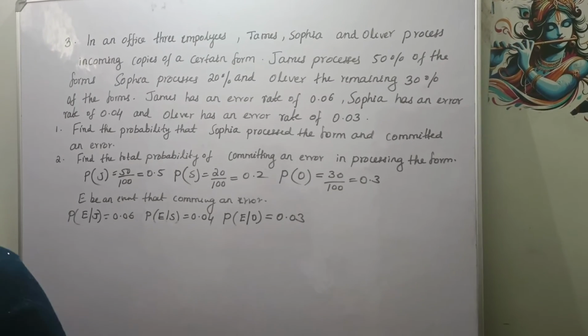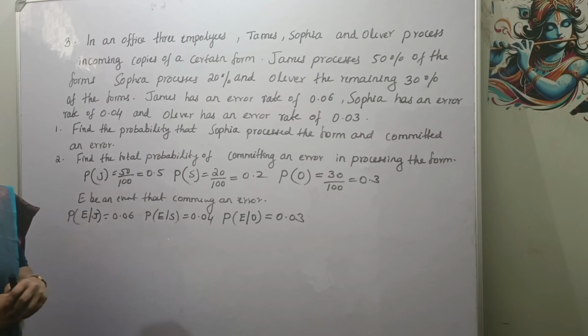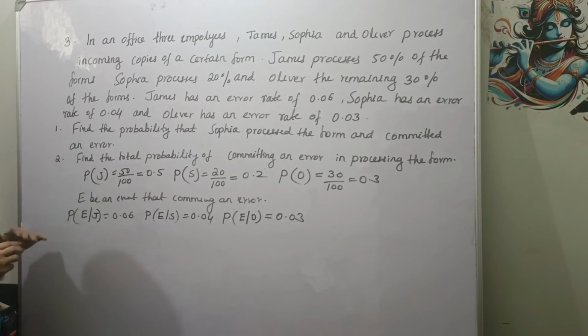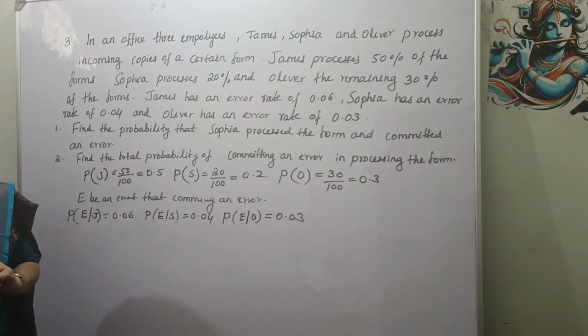Second question, find the total probability of committing an error in processing the form. So here we have to find the total probability, so apply the total probability theorem.